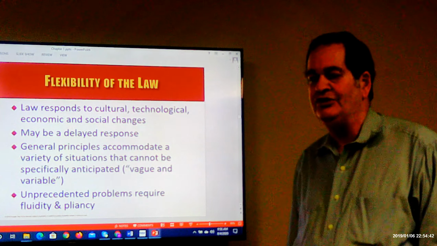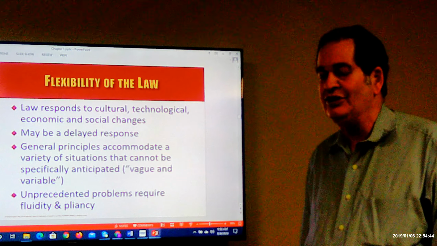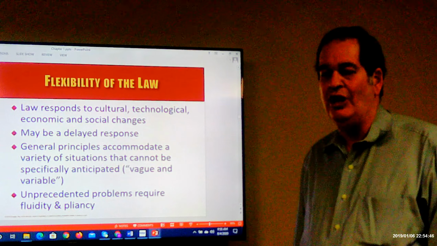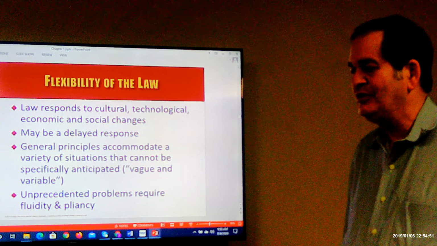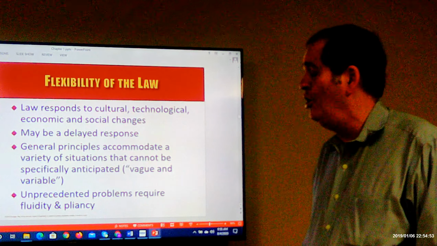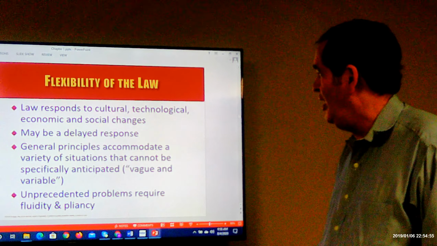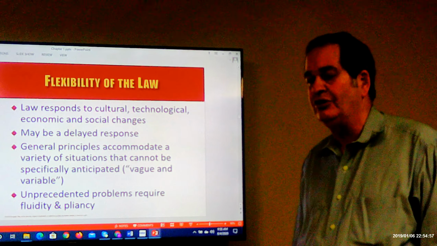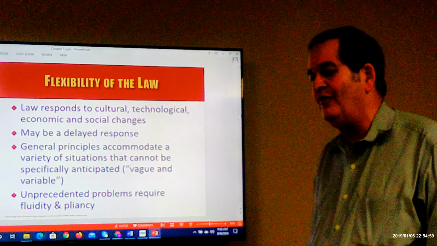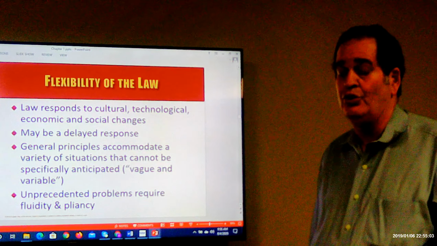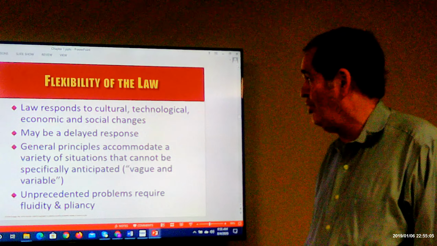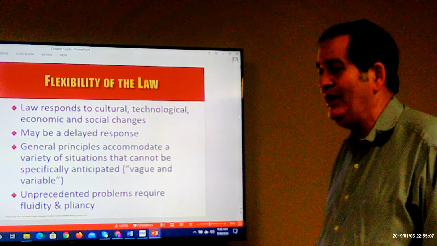The law has adopted a lot of optional ways of agreeing to something, an e-signature, so to speak, as opposed to an actual signature on a piece of paper. And a lot of times there's a delayed response in the recognition of the law, either through the courts or through statutory law, of what would be acceptable.